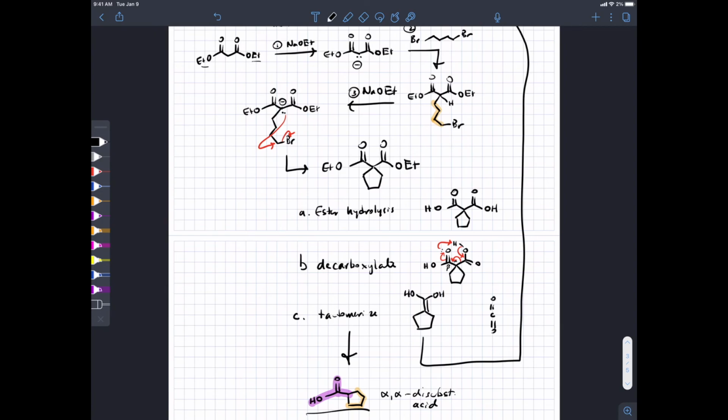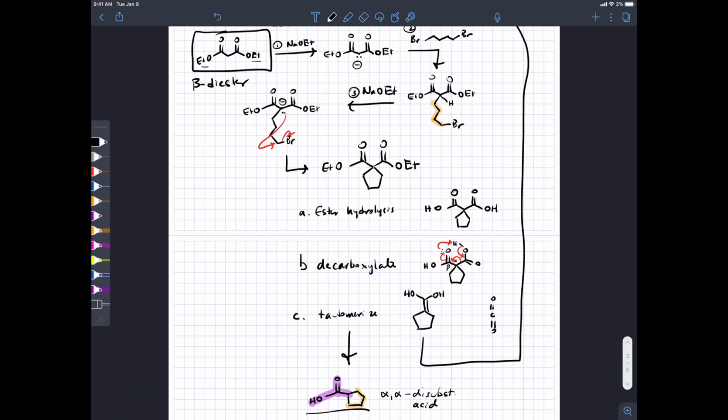When you see that, you need to think, I could have made that starting with the beta diester. And see that that's not a different reaction than we did before when making the methyl ketone, right? We used basically the same steps, same chemistry. The only difference was in the starting material. So please don't think of these two reactions as separate. They're the same thing.